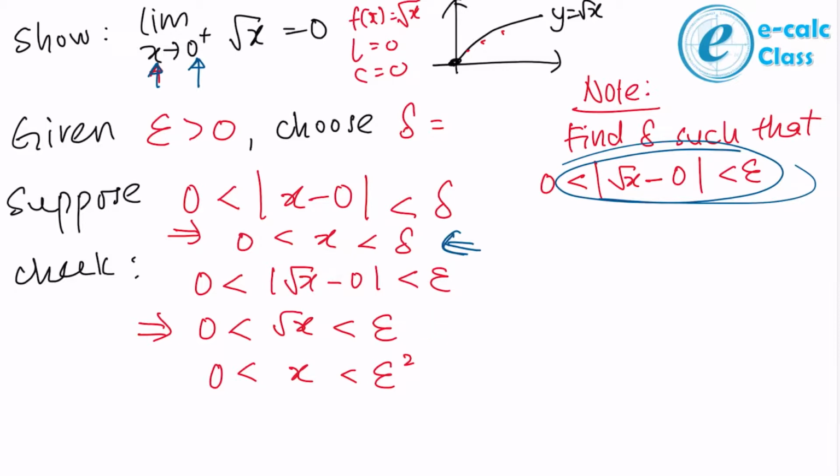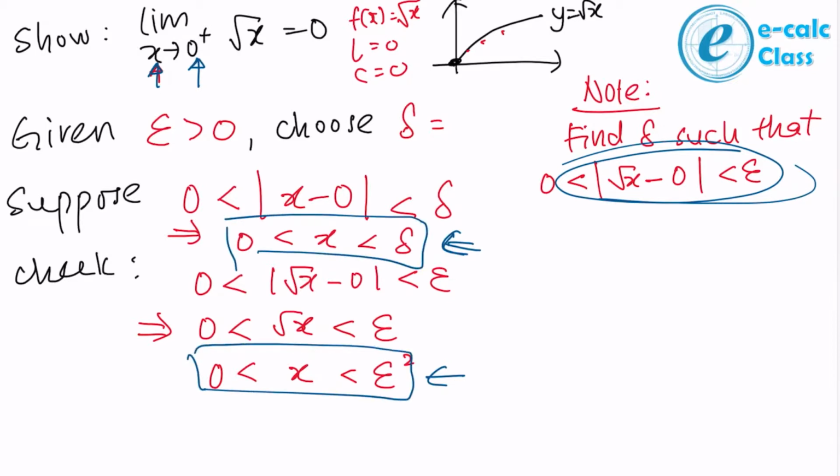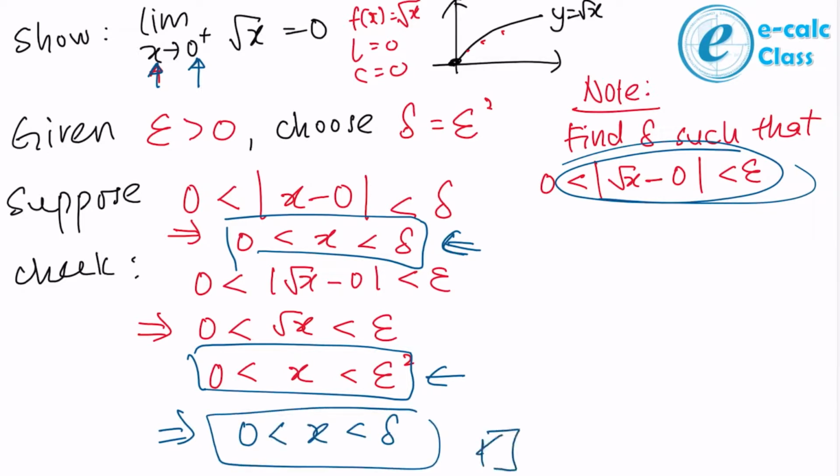You compare this and this. You just let your delta be epsilon squared, and you will get exactly the same as just now, and you are done. So this is how you write a one-sided limit proof by the epsilon-delta definition.